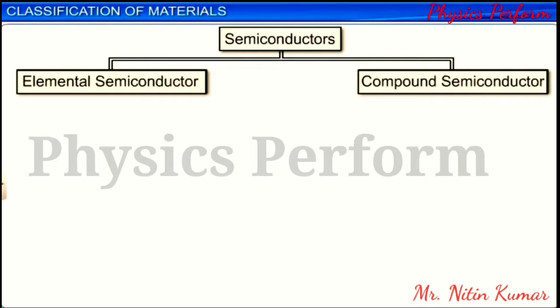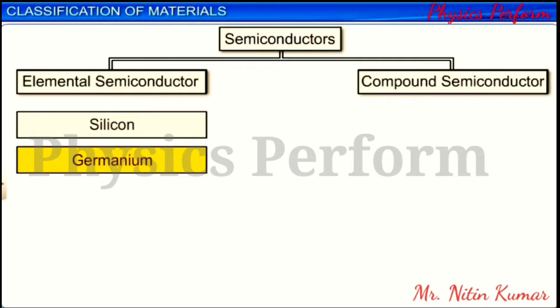Compound semiconductors are formed by using two or more elements. They are synthesized using elements from groups 2 through 6 of the periodic table.